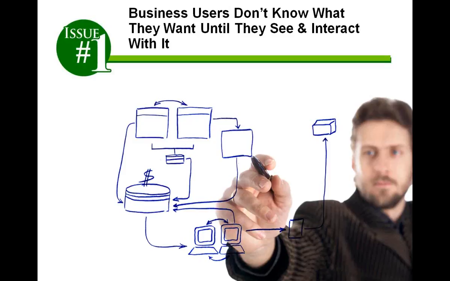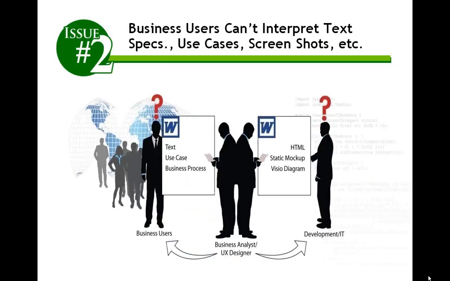The second issue is that business users really can't interpret the tools being used today by business analysts. We've all experienced the stakeholder review meeting where everybody's flipping through 500 pages of specs, and the text requirements, use cases, and screenshots just aren't conveying to the business person what's going to be built.